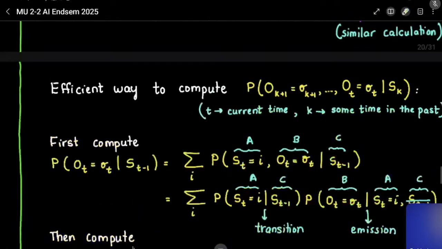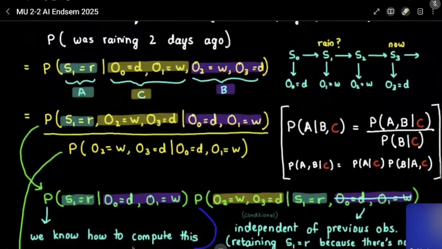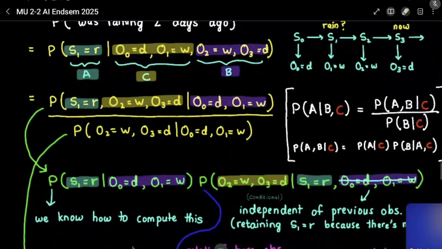Where was I? Oh, here. So if you realize, what is this trying to calculate? The probability of a sequence of observations, particularly O2 and O3, right? So they will not depend on previous observations, so we can strike it off. And you might be asking, why did I not strike S1?